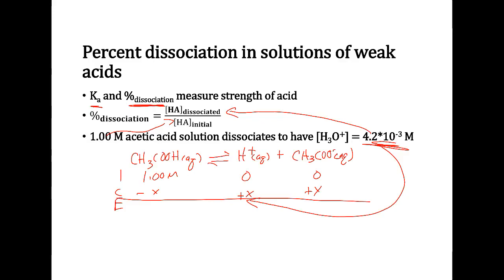And then if we measure the equilibrium concentration here, which would be 1 minus 4.2 times 10 to the negative third, we end up getting essentially 0.996, and then keeping track of sig figs, we're going to see that this barely dissociates. So there's very little that's dissociated. So this is the concentration of the acetic acid that is still intact. But this is just another way that we can measure the strength of an acid.